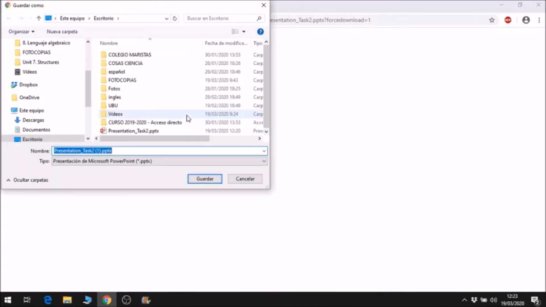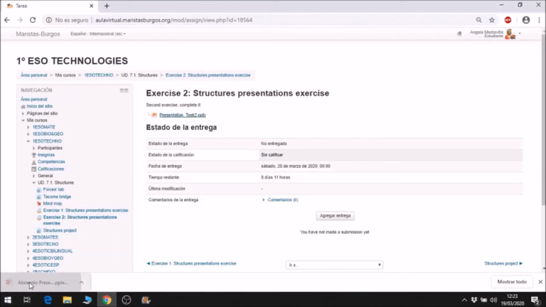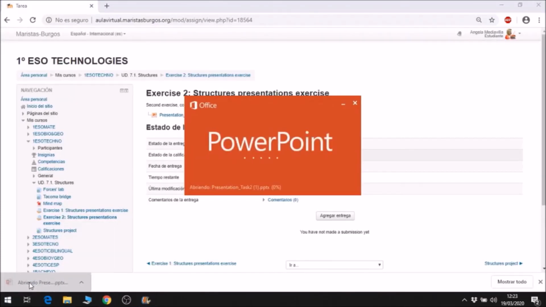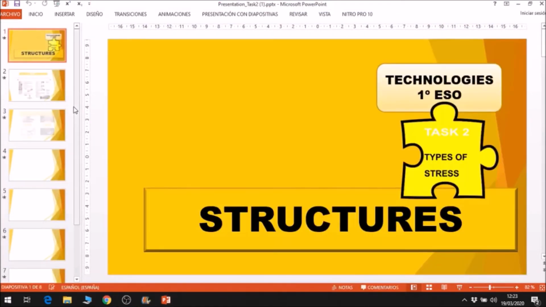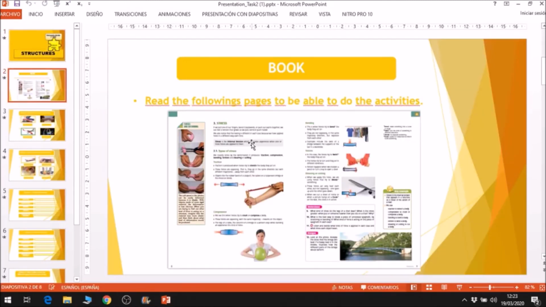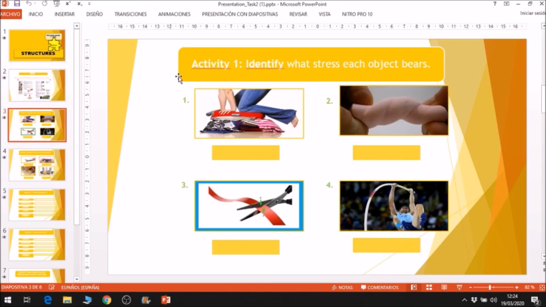Okay, save it in your computer and open it. Very important, first of all, habilitar edición. Here are the 2 pages of the book that we have studied. And then we are going to begin with the activities.